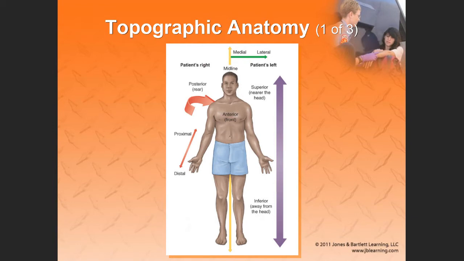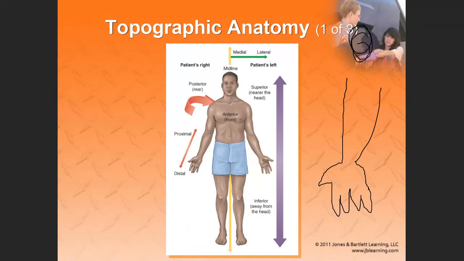All right, so let's break it down. My drawing is not that good, but let's try again. So let's say this is the hand, right? This is the elbow joint, and the fracture is here.